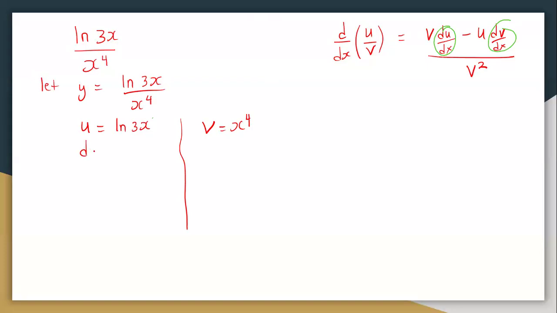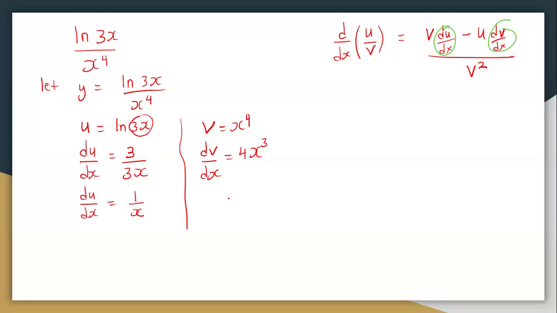Our du/dx: differentiate the function 3x, and I get 3 divided by the original function 3x, so du/dx is 1 over x. Then dv/dx will equal 4x^3.